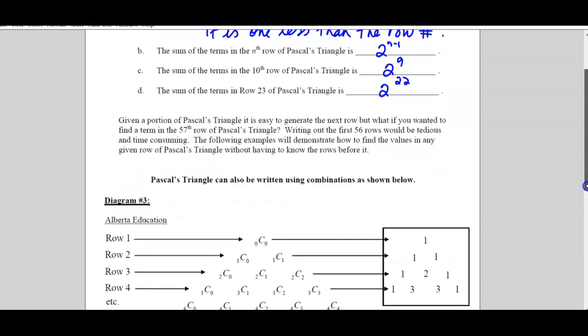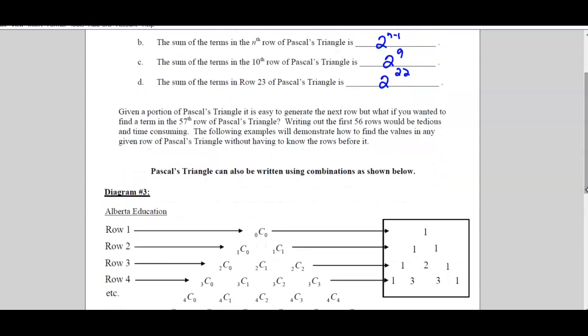Okay, now we're going to extend this. You don't want to have to draw the previous row to get the next, and so on. Just like sequences, we want to have a formula so that we can skip right to a term really far away.